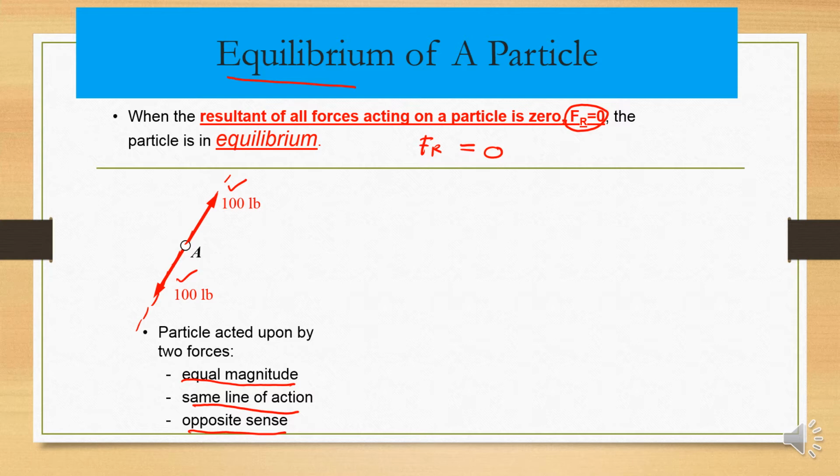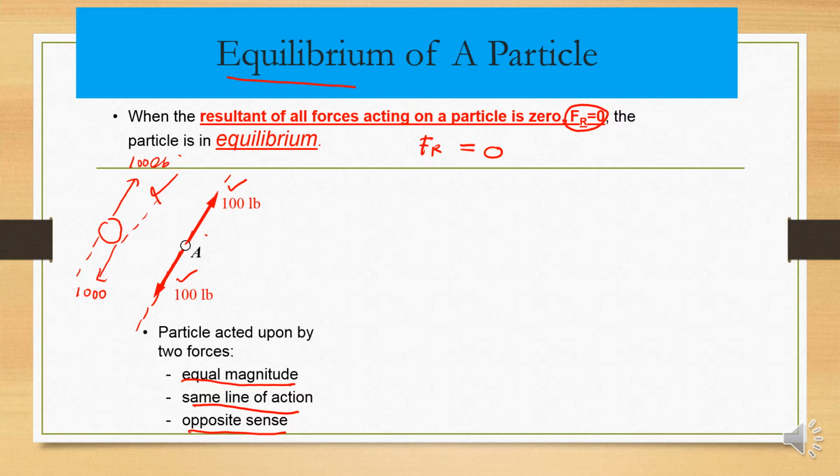For example, let's say the first force is 1000, and the second force is also 1000, but the force does not occur along the same line of action. See, it's not the same as this one, so this one will not be in equilibrium.